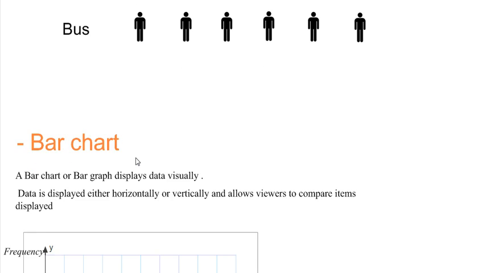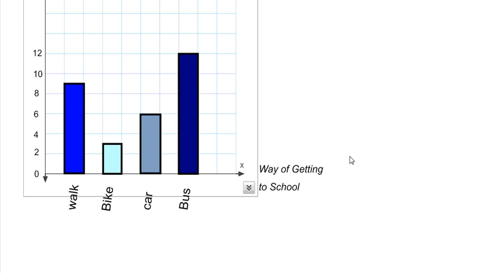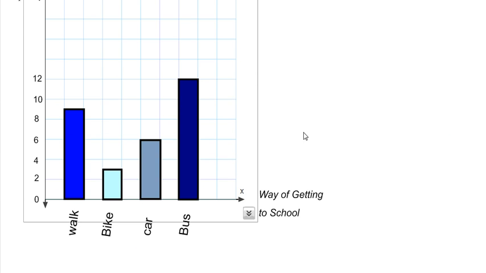Here we have people who go to school walking, by bus, by car, and by bike, so we can compare them. This is the bar chart, and it is very clear.